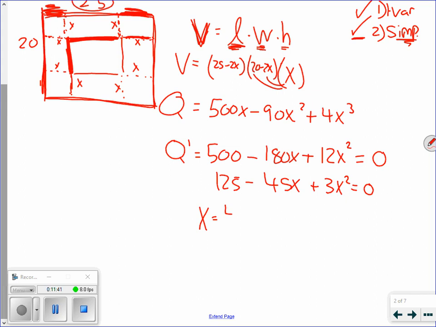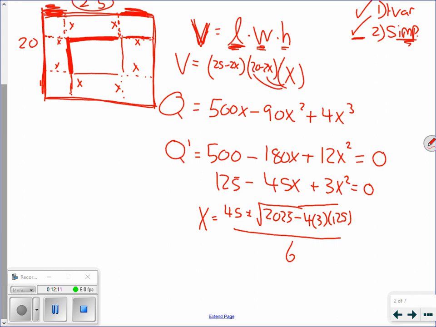Negative b, which would be 45, plus or minus the square root of b squared, which is 45 squared, 2,025, minus 4 times a times c, which c is 125, all over 2a, which would be 6.